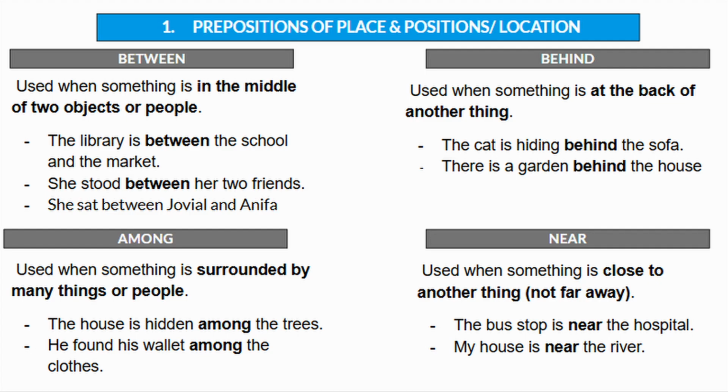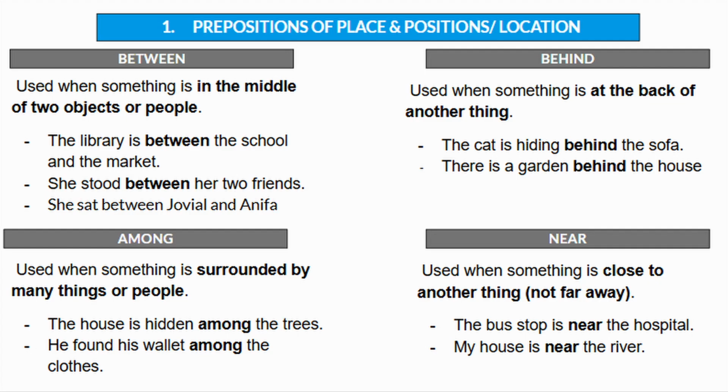A lot of people confuse among with between, with in the middle of, and so on. We have this example here. The house is hidden among the trees. It means there are many trees that surround the house.